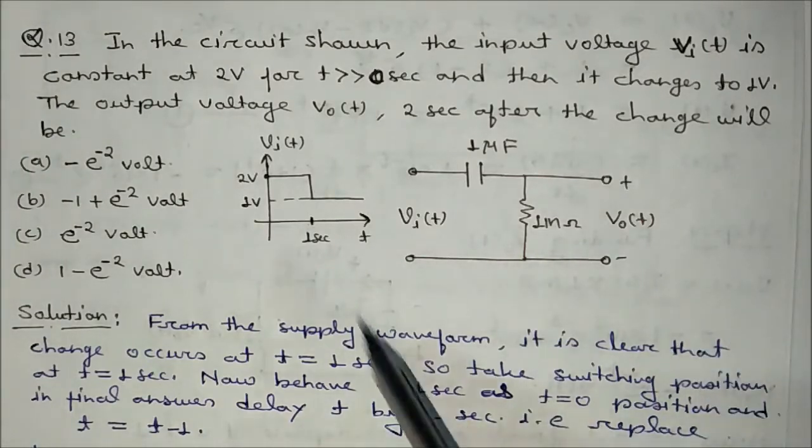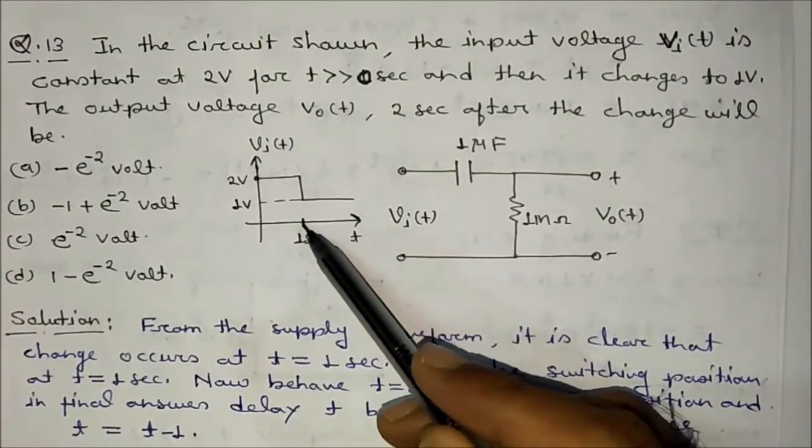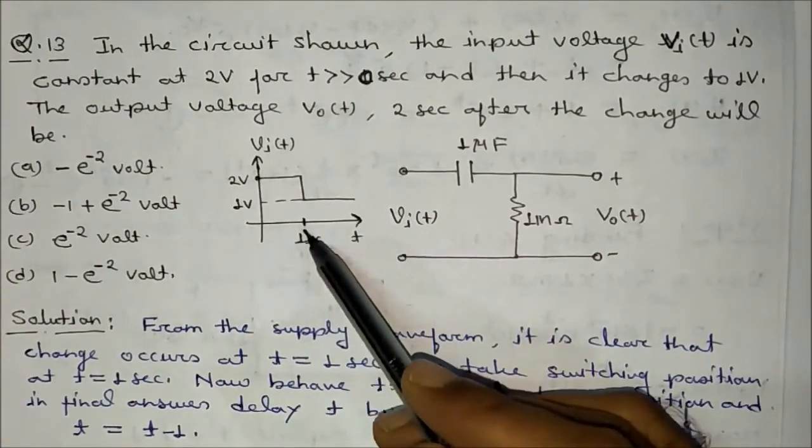So I take t equal to 1 second as the t equal to 0 position, and when we get the final answer with respect to the t equal to 0 position, we just delay it by 1 second. That means wherever we get the value of t, we replace it with t minus 1. This is delayed by 1 second from the t equal to 0 position.